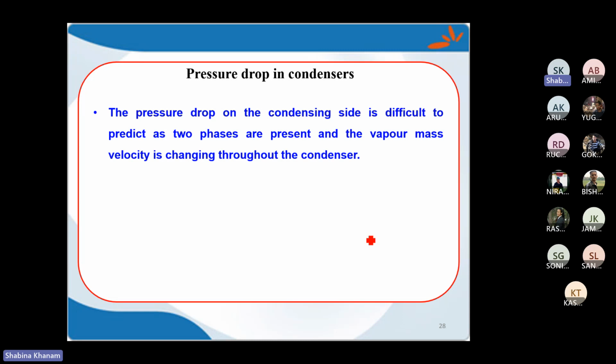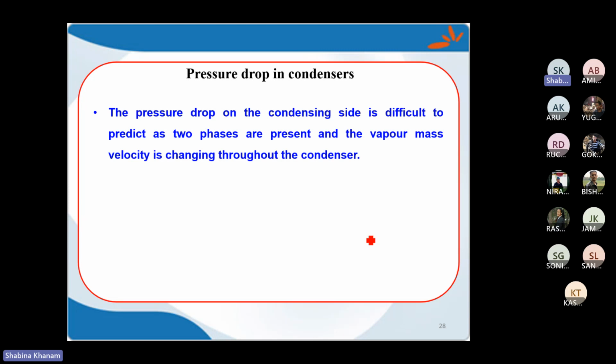Initially vapor is there, so the velocity will be different, and as the condensation proceeds, the vapor amount will reduce, which has a different velocity than at the entry. We observe the difference in velocity, although the mass flow rate remains the same.